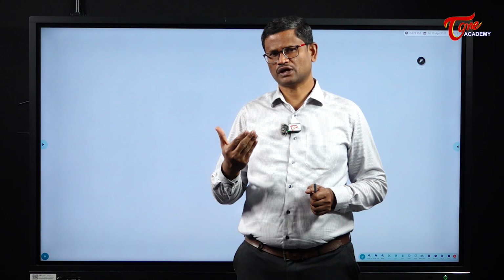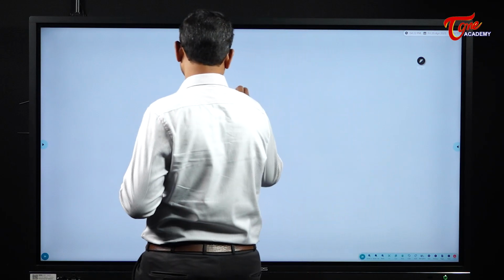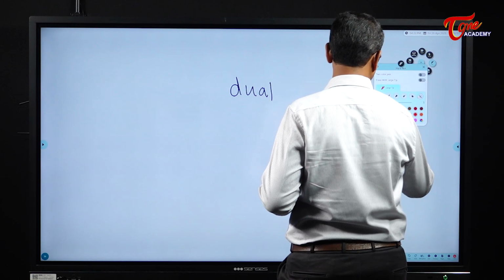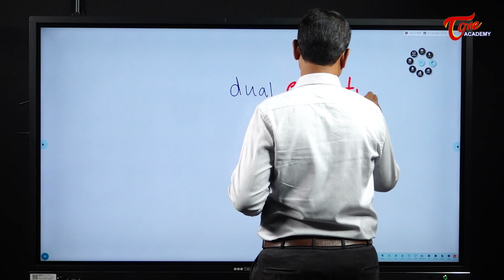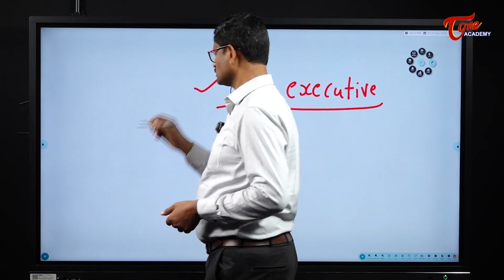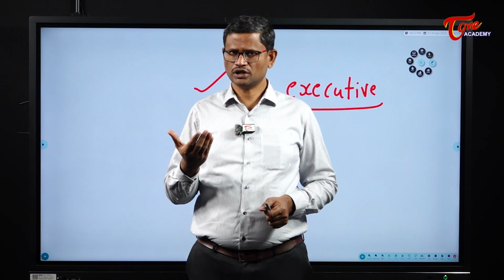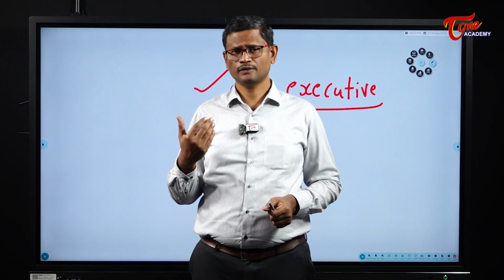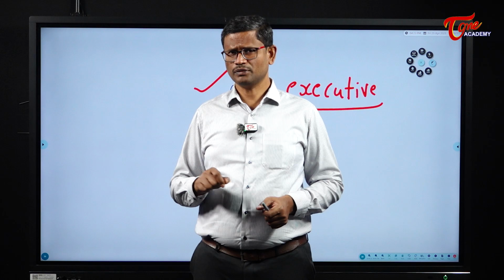Some of the features of the parliamentary democracy: in a parliamentary democracy there is one important feature, dual executive. Which means in India at the union level we have nominal executive, real executive. This is one of the important features of the parliamentary democracy. Then what is a nominal executive?